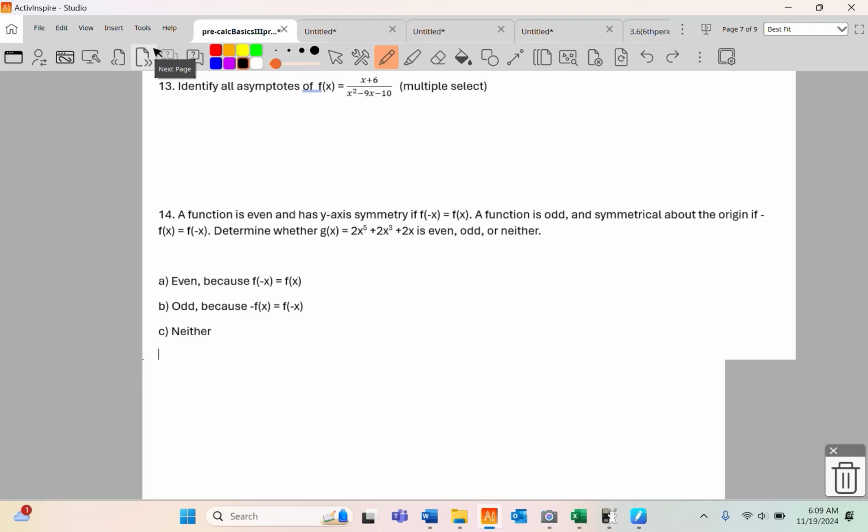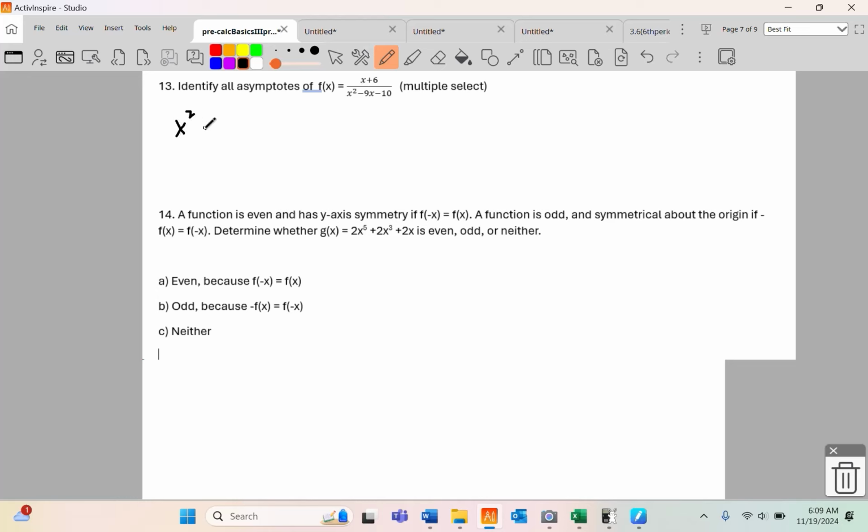Identify all asymptotes of f of x equals x plus 6 over x squared minus 9x minus 10. You know, don't be the kid who says x is negative 6. Hayden Burris. Don't be that kid. We're going to focus on some of our rules. You cannot divide by 0.